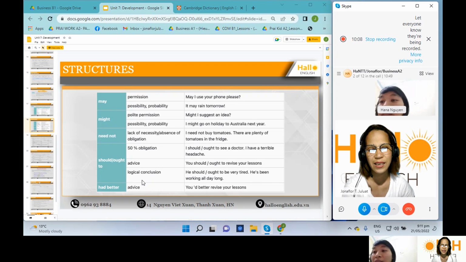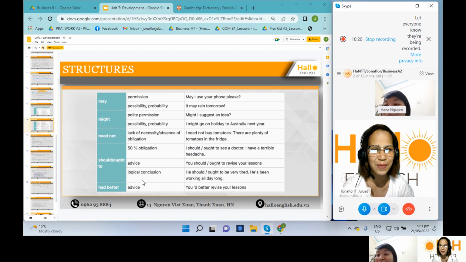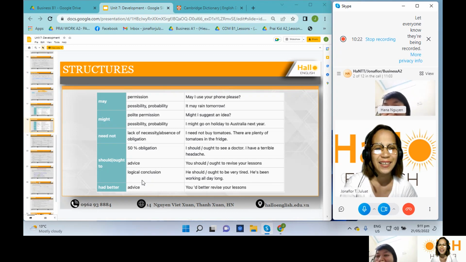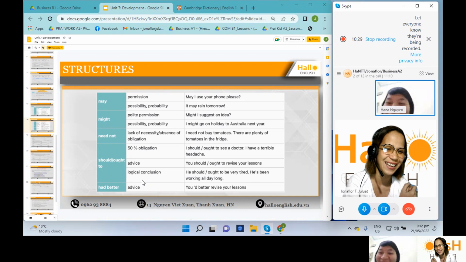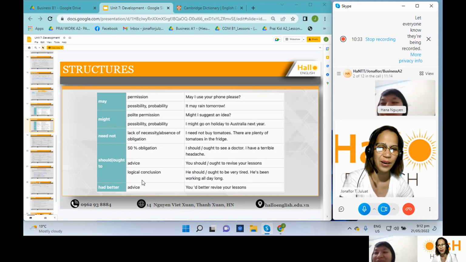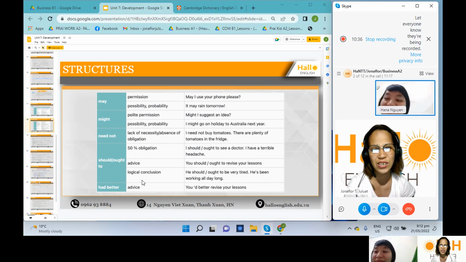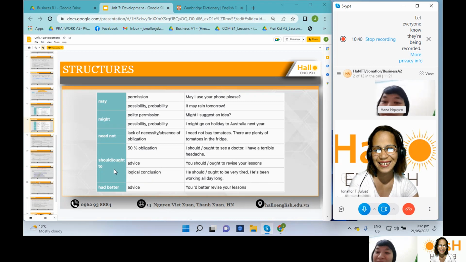For example, if I say, Miss Hannah should miss her daughters because she's been working for five days. Or she ought to miss her daughter because she's been working for five days.